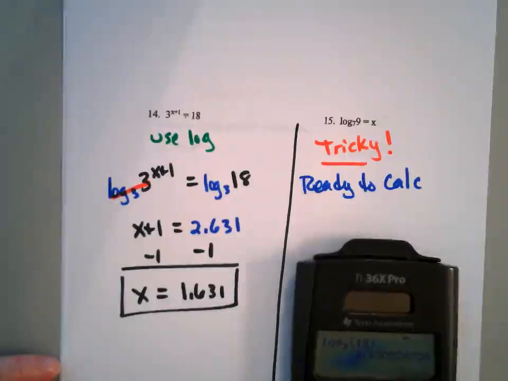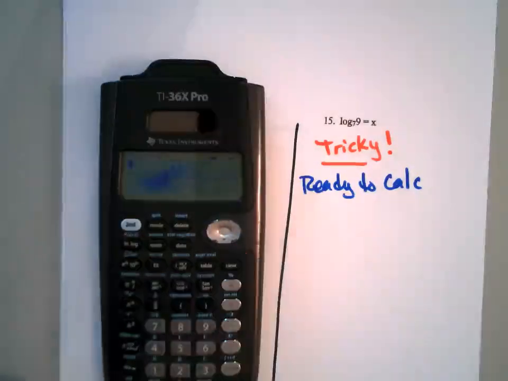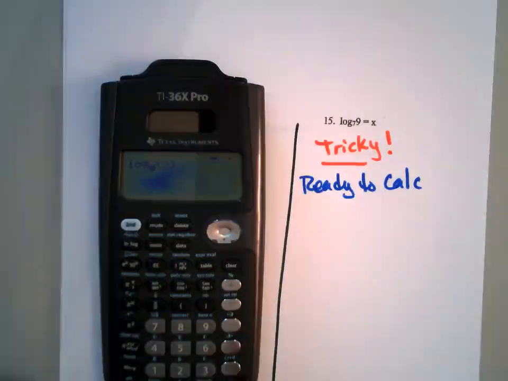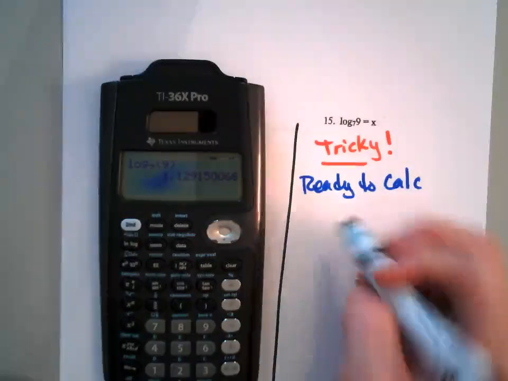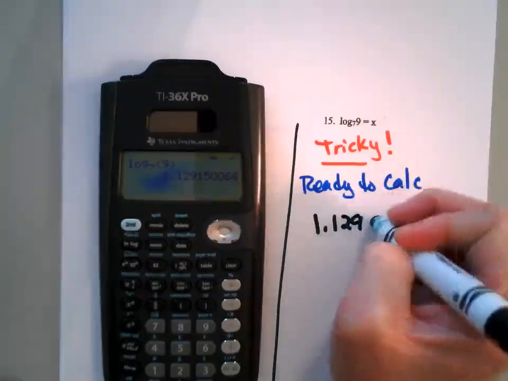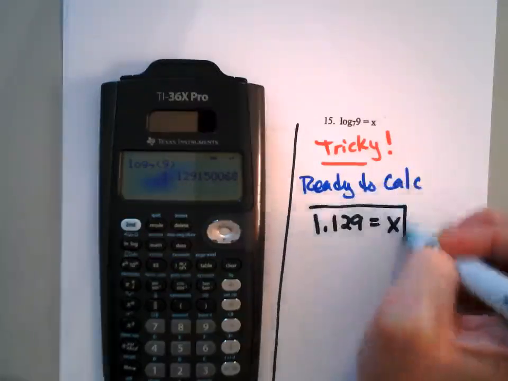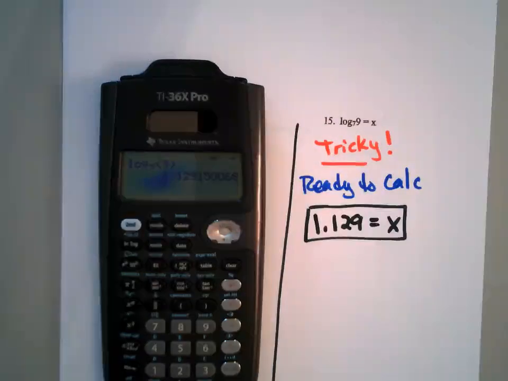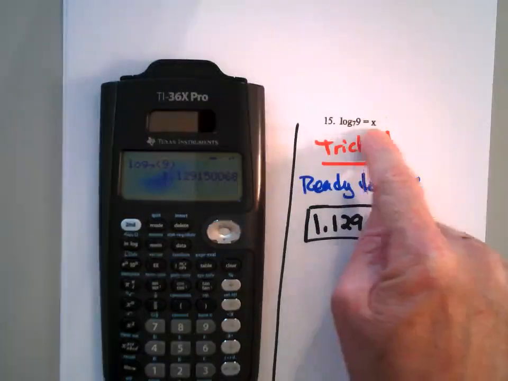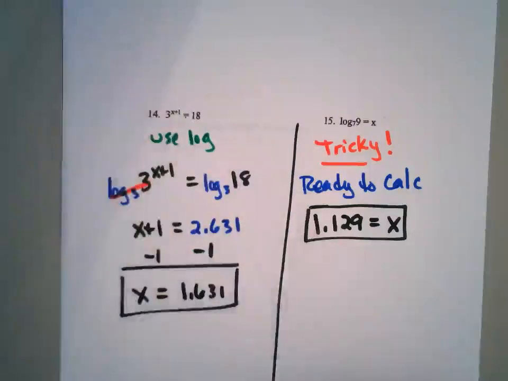This is ready to plug and chug. So log base 7, throw a 9 in there. 1.129 equals x. Okay, it's tricky because you don't have to do anything, but it gets people all the time. So just be careful. Make sure you look. x is already by itself, so it's good to go. And we can move on.